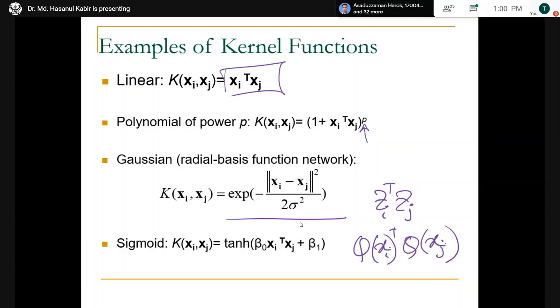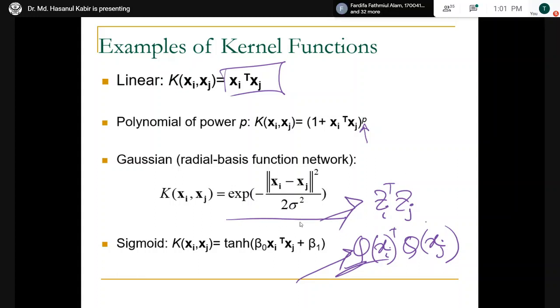Now, if I look from the point of X, are they linear? Of course not, because we have this phi function. But if I look from the point of Z, they are purely linear.